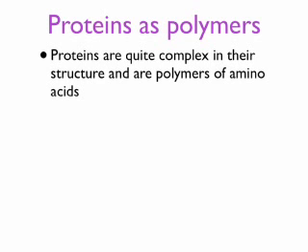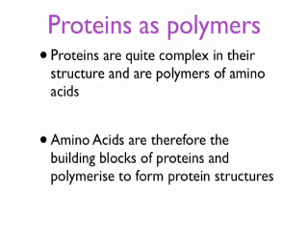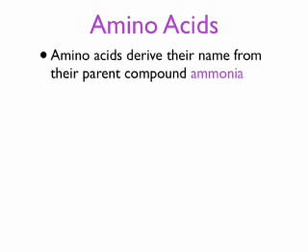Proteins are very complex in their structure, and they're polymers of amino acids. Now, you may have heard about amino acids. Amino acids in the forensic course are the building blocks of proteins, and these polymerize together to form the protein structures. Now, let's have a look at amino acids, because they are the monomers of the polymer proteins.